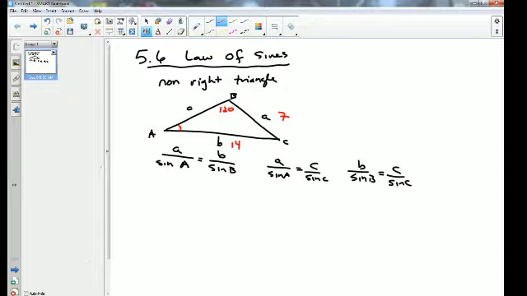Yeah, because I have B and side B, and I have A. My only variable is the angle. So, using this one right here, 7 over sine A is 14 over sine 120.